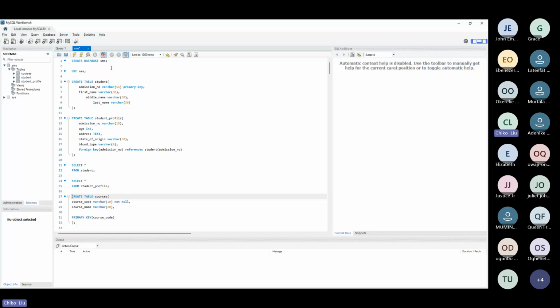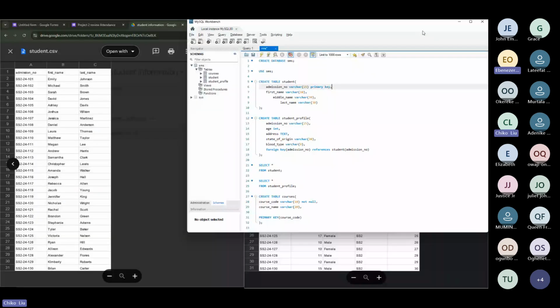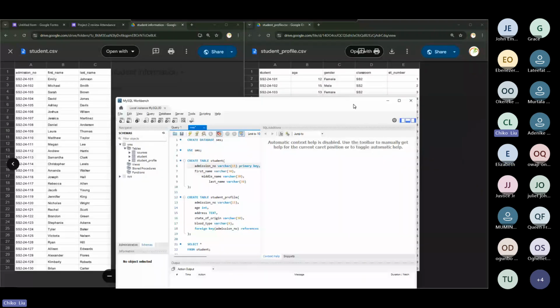When you create a table, student for instance, with admission number, you put the data type, then you set it as a primary key. Now in the student profile table, the admission number is there, the age, the gender, the classroom.